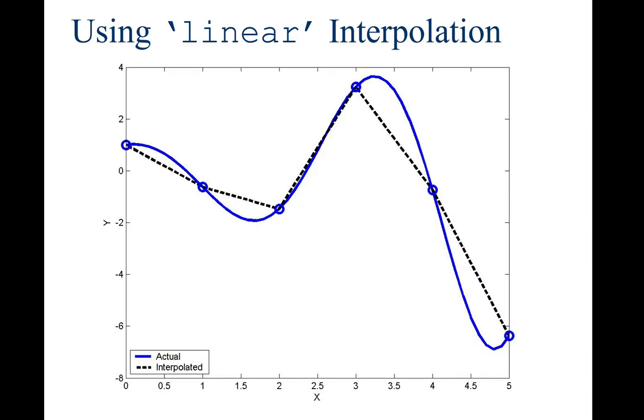So the blue line represents the actual function. The black dashed line represents the interpolated values between points. So let's imagine we wanted to find the value of this function when x equals 1.5. Well, there aren't any points near 1.5.